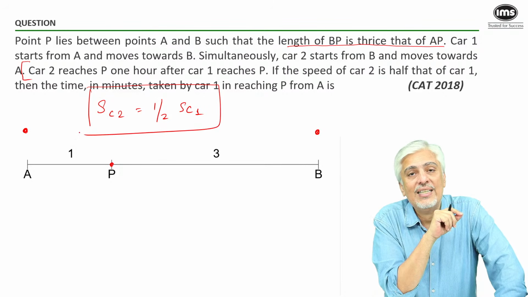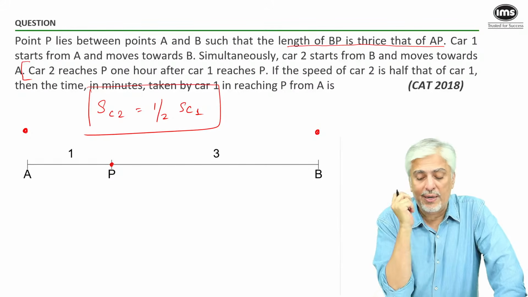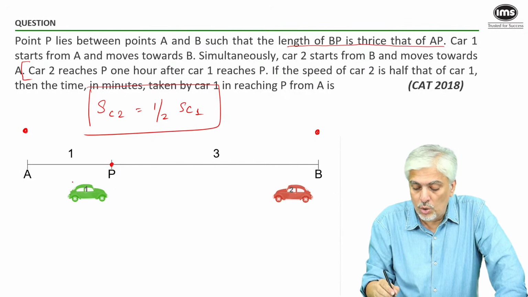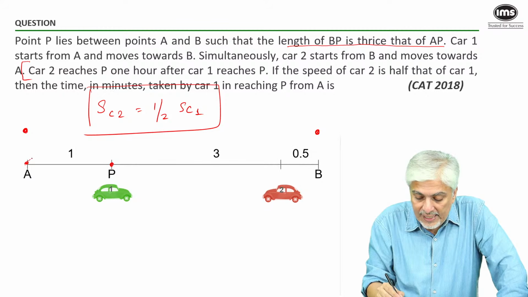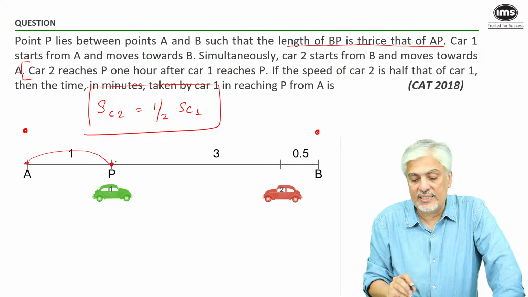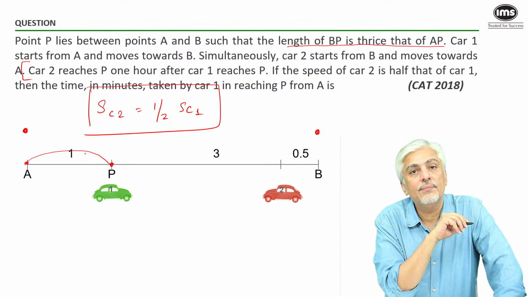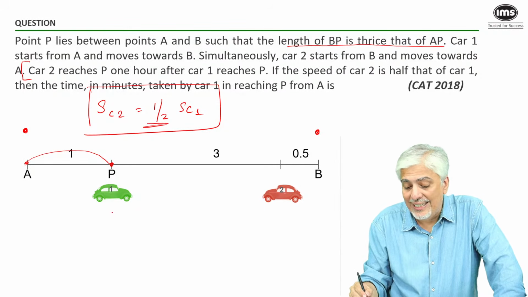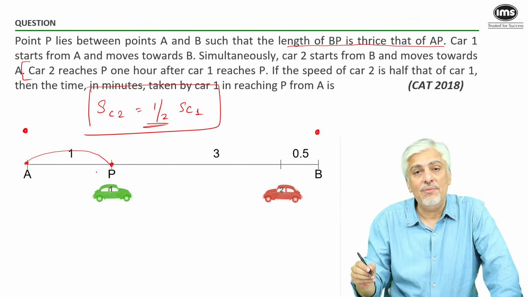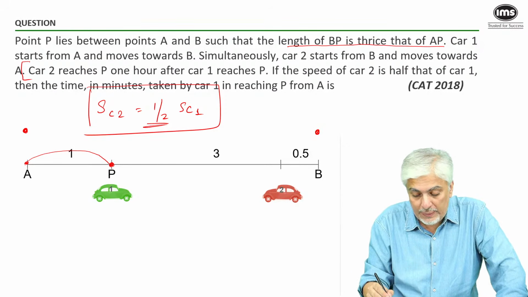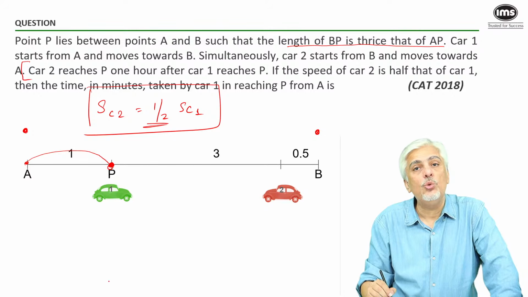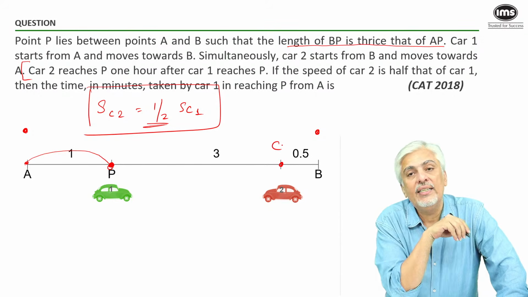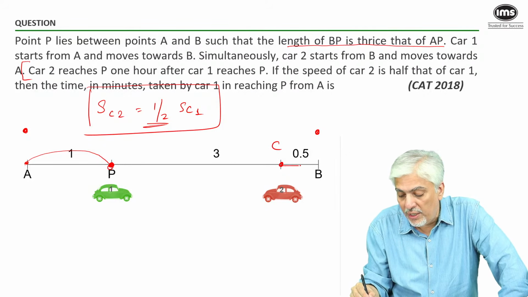Now look at the diagram and think in your mind very carefully. When car 1 goes from A till P, it has covered a total distance of 1. But because the speed of car 2 is half, by the time car 1 reaches point P, car 2 reached only this point, let's call it C. It has reached only point C, which is only 0.5.